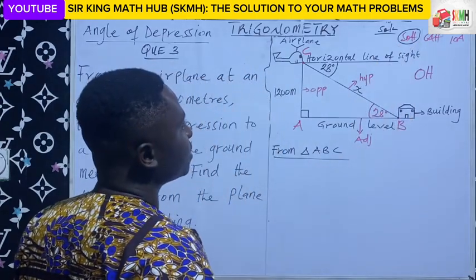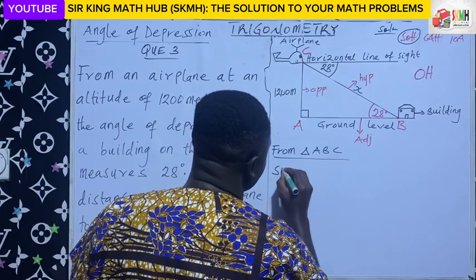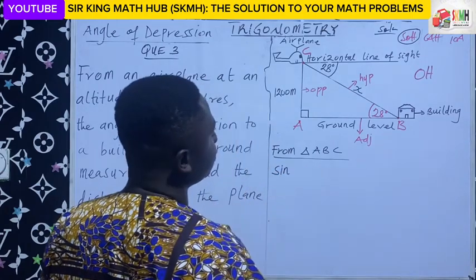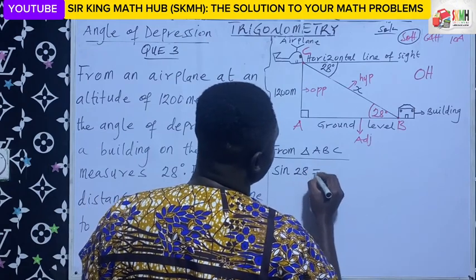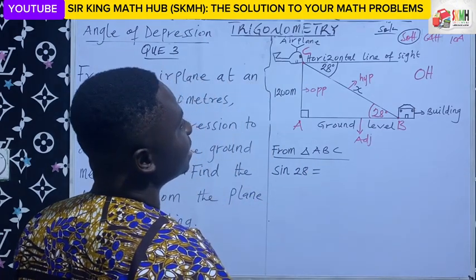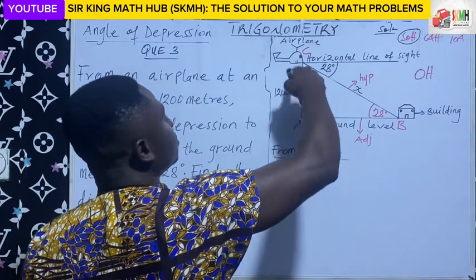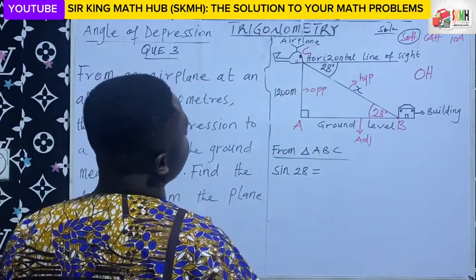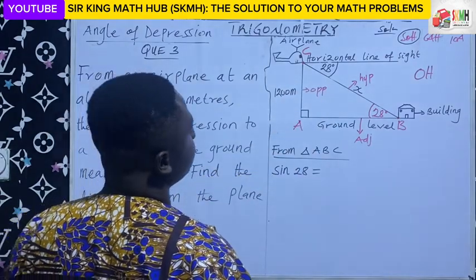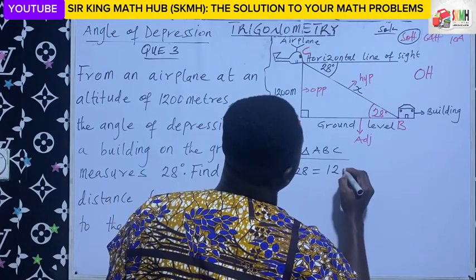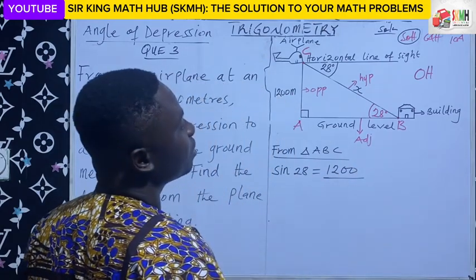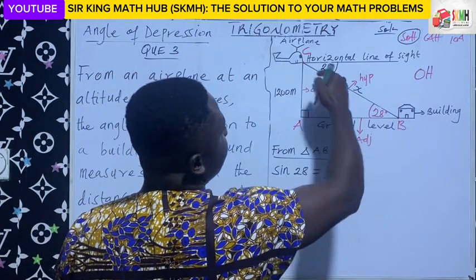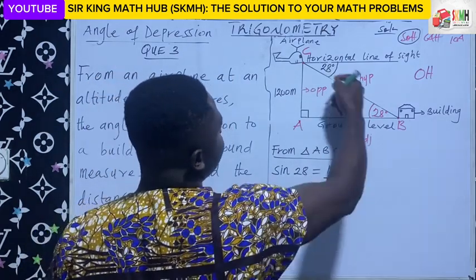And what does SOH say? SOH says that the sine of the acute angle, in this case 28 degrees, must be equal to the length of the opposite. So the length of the opposite represents the altitude of the airplane, which was given as 1,200 meters, divided by the length of the hypotenuse, which is represented as x.